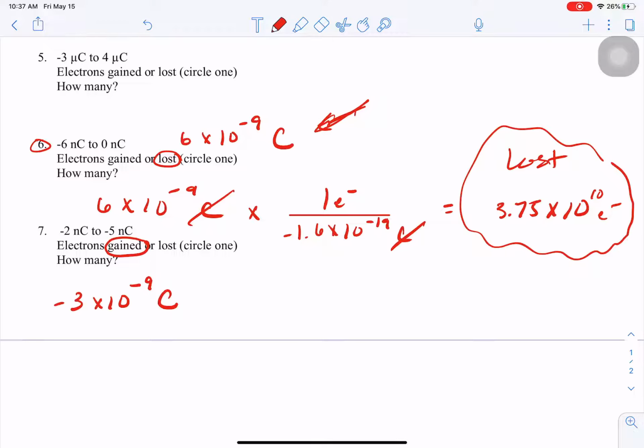Now, why do we have to move it to coulombs? Why can't we just leave it as nanocoulomb or microcoulomb? Well, that's because the charge of 1 electron is in coulombs, so we want to keep our units consistent. 1 electron has a charge of negative 1.6 times 10 to the negative 19th coulombs. Coulombs cancel off. I can kind of do this in my head, but let's get the exact answer.